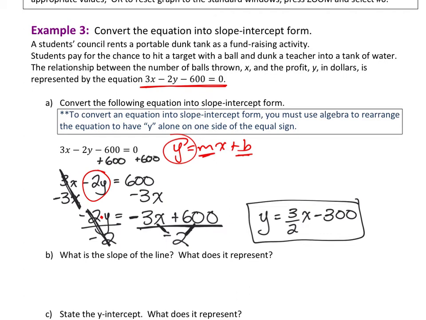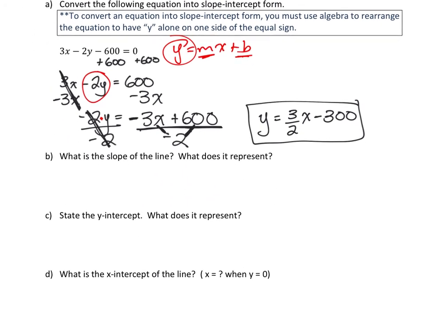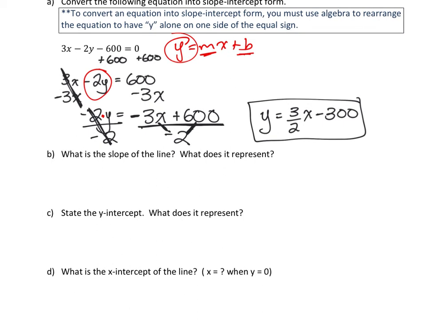Using this slope-intercept form, what is the slope and what is the y-intercept, and what do they represent in the context of the question? The slope of the line is the number in front of the x value, the m, which is equal to 3 over 2. And what does it represent? If you remember, slope is rise over run, and it told us in the question that x was the number of balls thrown and y is the profit in dollars.